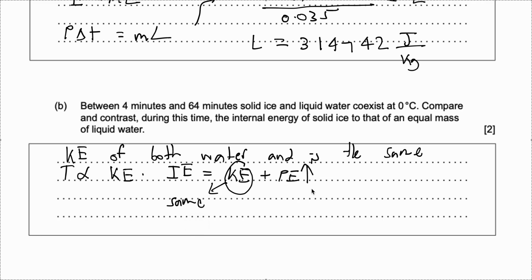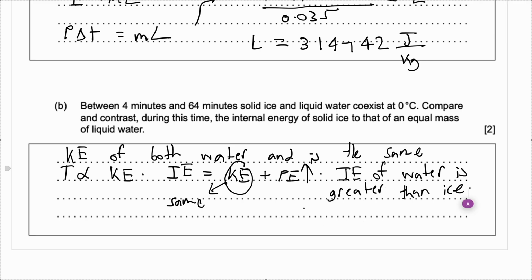And because kinetic energy stays the same, potential energy is what's receiving this additional energy and is increasing. And therefore, because I'm adding energy into the ice, this energy is increasing the potential energy of water, and therefore the internal energy of water is greater than that of the ice, and this is simply because the potential energy of water is greater than the potential energy of ice.